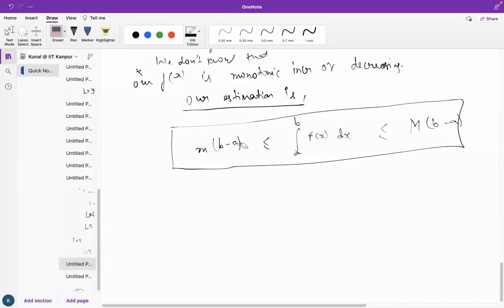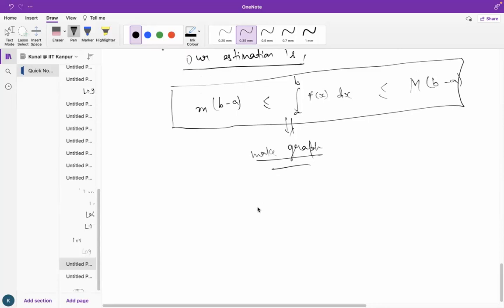Okay. Or let me show you this by graph, if you have any doubt. Whenever you have any doubt in estimation, make a graph. Everything is clear to you, right? So let me make a graph to show what it's representing. Let us suppose this is our x-axis, this is our y-axis, and this is our graph, which looks something like this, not sharp.